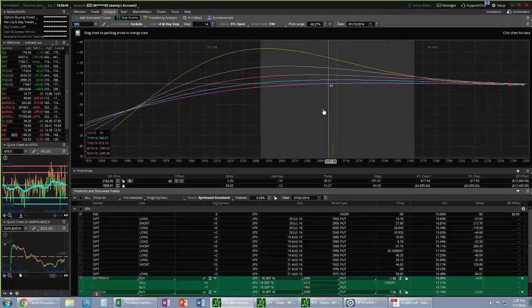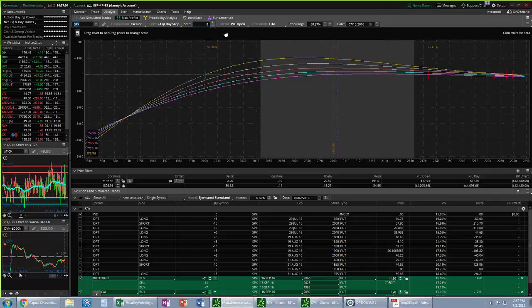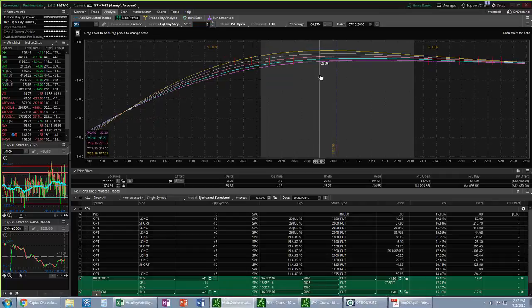Whereas you get a better idea from examining the family of curves as to exactly what would happen, not only now the same day, but 2 or 3 or 5 days from now. Well, in this case, it would be every 14 days. But if you set this up to be a smaller time frame, you get an idea of what would actually happen. So, for example, for 5 days, you'd have to have a pretty good move to the downside to even wake you up. And right, that's what we like about the road trip trade. Yeah, we don't want to be interrupted on our road trips too much.